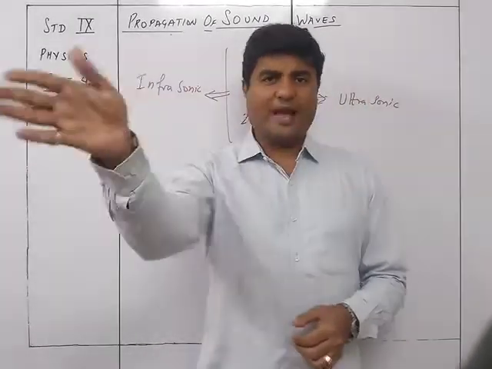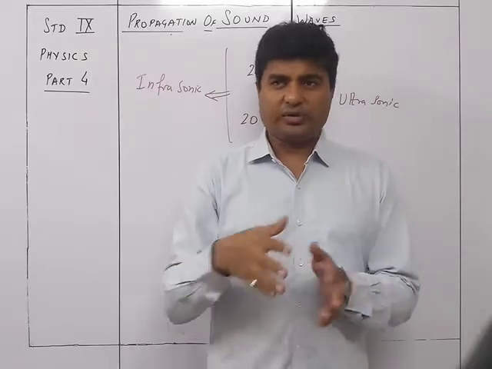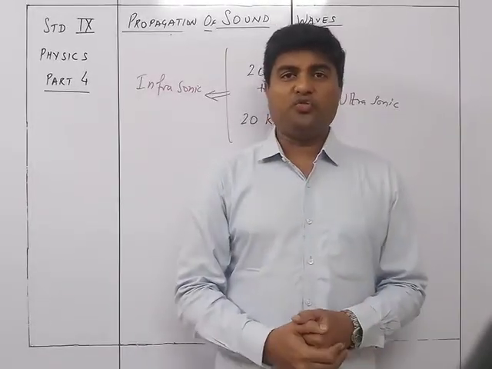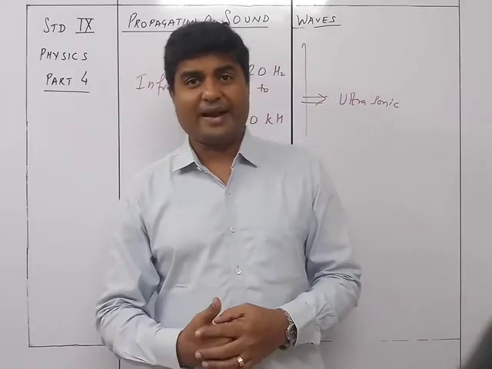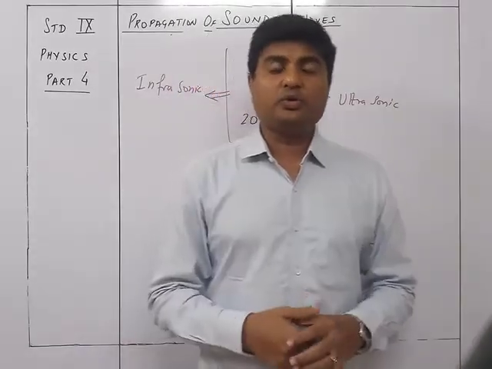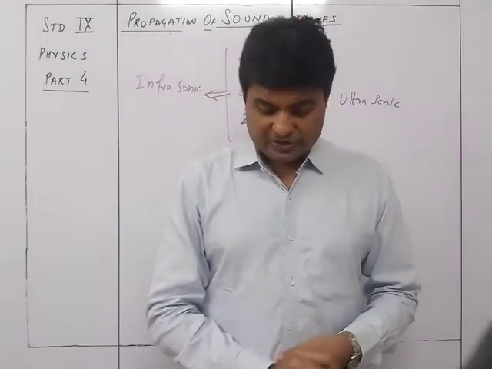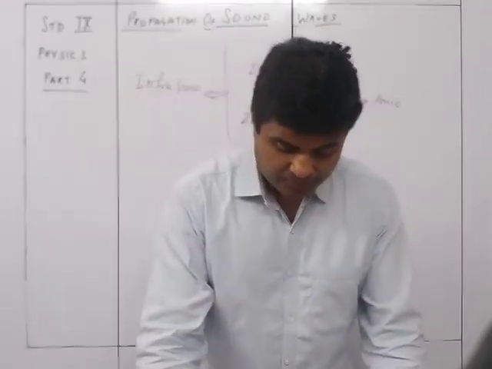It does not get diverted by the edges of the object, so it is not deflected much. That is directivity. Due to these properties, it can be used in many applications.